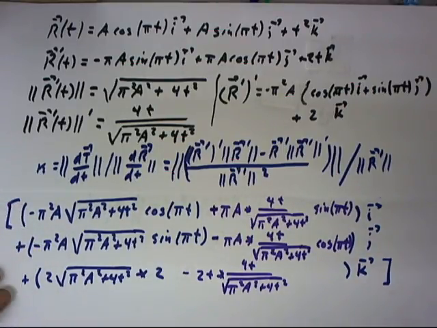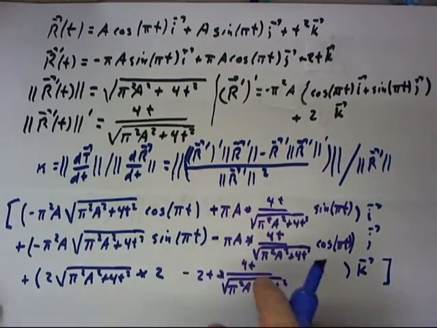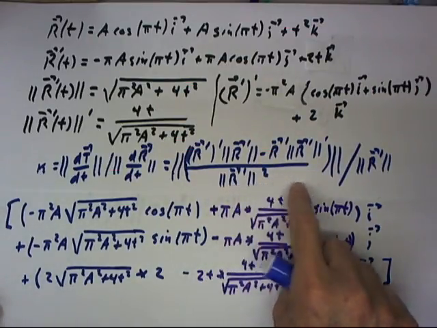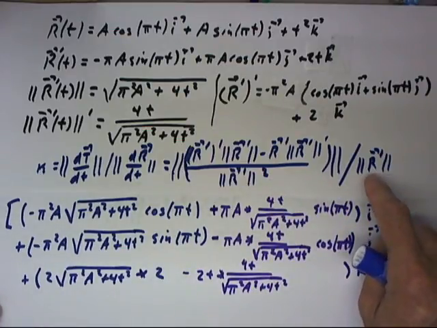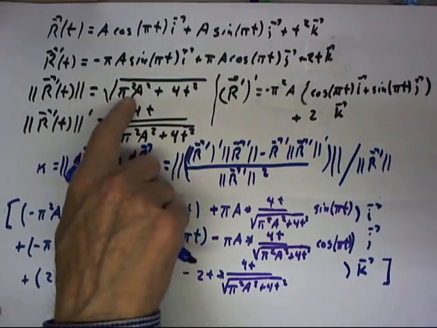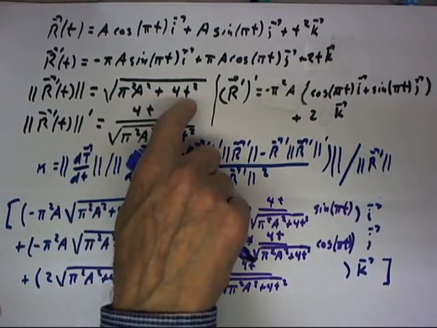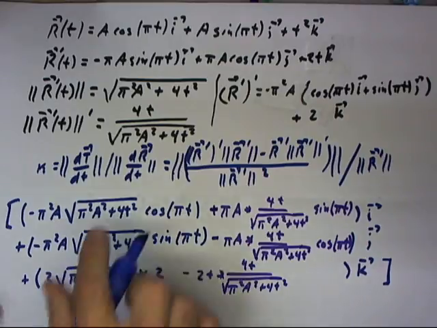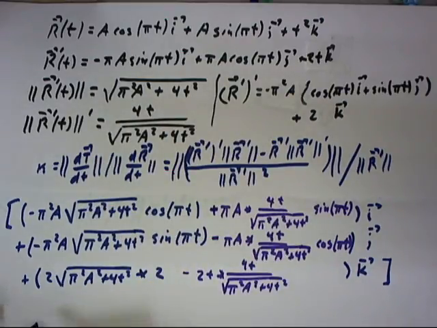I suppose the other thing I should do is go ahead and write in our denominator. This is our numerator. Our denominator is the magnitude of r prime squared, times another r prime, which is going to be the magnitude of r prime cubed. r prime is this expression, the square root. So the cube is going to be the 3/2 power of pi squared a squared plus 4t squared.